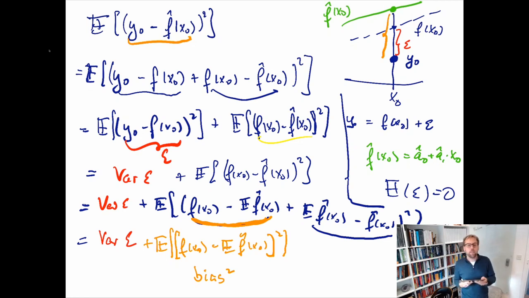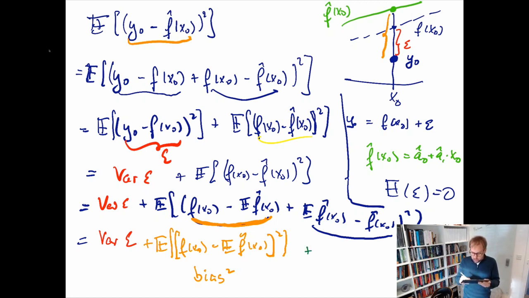The bias means there's a difference between the true value and what I get in expectation for my prediction, and this difference is just defined as the bias. So bias is just the difference between the true value and the expectation of the predicted value. And the second term, this last term, let's write it in green.